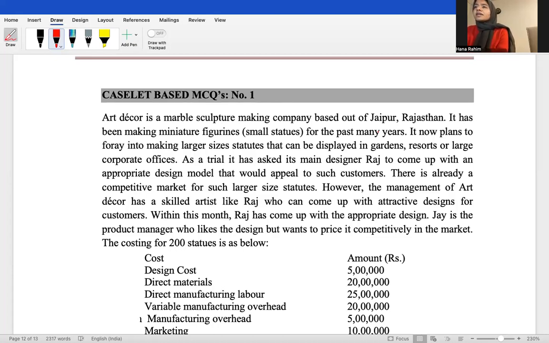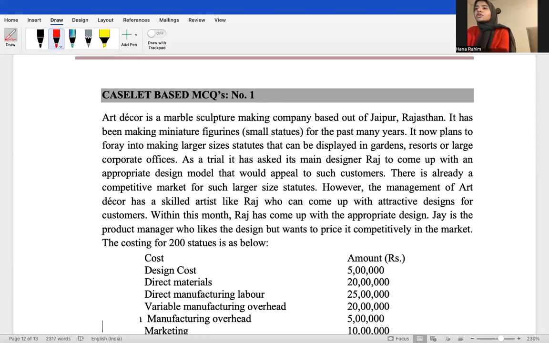As a trial, it has asked its main designer, Raj, to come up with an appropriate design model that would appeal to such customers. There is already a competitive market for such larger size statues. However, the management of Art Deco has a skilled artist like Raj who can come up with attractive designs for customers. Within this month, Raj has come up with the appropriate design.